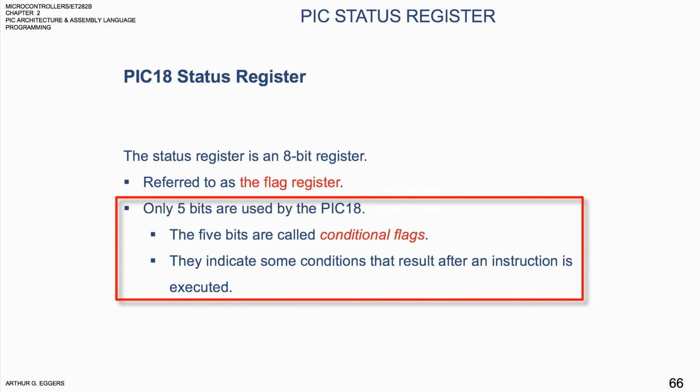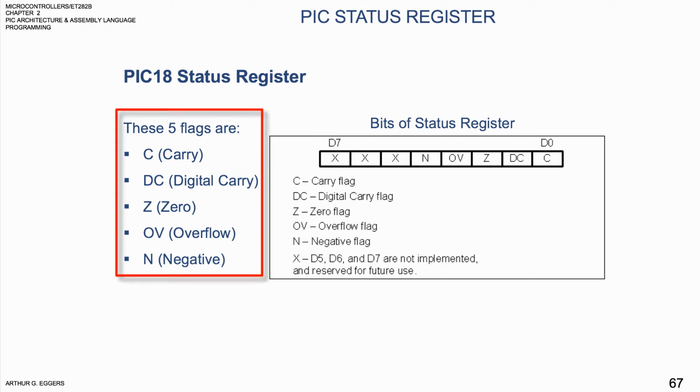The 5 flags are called conditional flags, meaning that they indicate some conditions that result after an instruction is executed. These 5 flags are the carry, the digital carry, the zero, the overflow, and the negative.